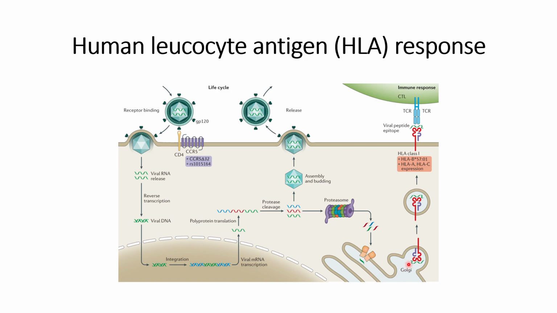From the Golgi it will then be transported to the cell surface, where it can trigger the CTL, that is cytotoxic T cells, through the T cell receptors, and this is the immune response.